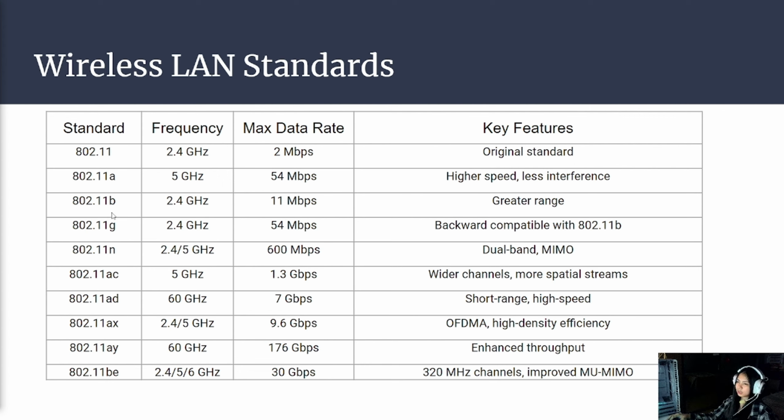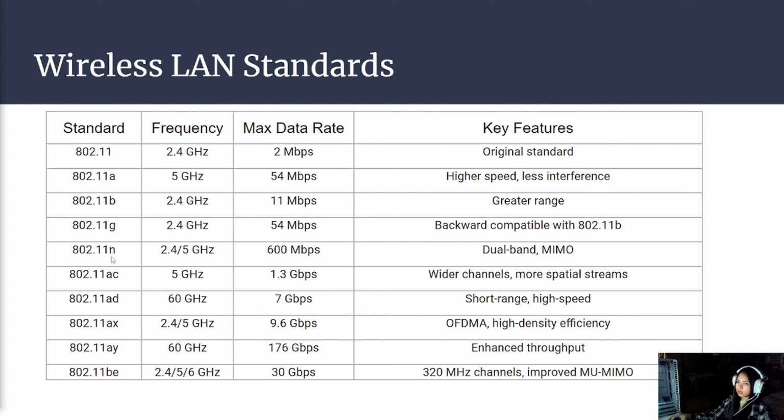The 802.11b operates in 2.4 GHz with an 11 Mbps max data rate, and its key feature is it has greater range. 802.11g is 2.4 GHz with a max data rate of 54 Mbps. The key feature is it is backward compatible with 802.11b.